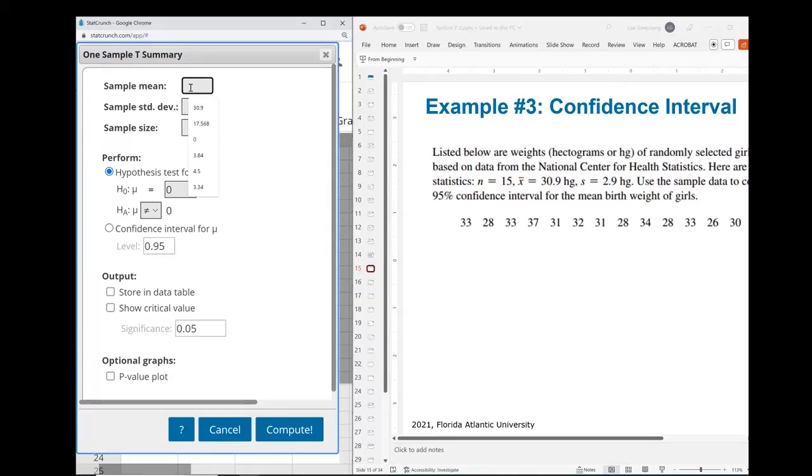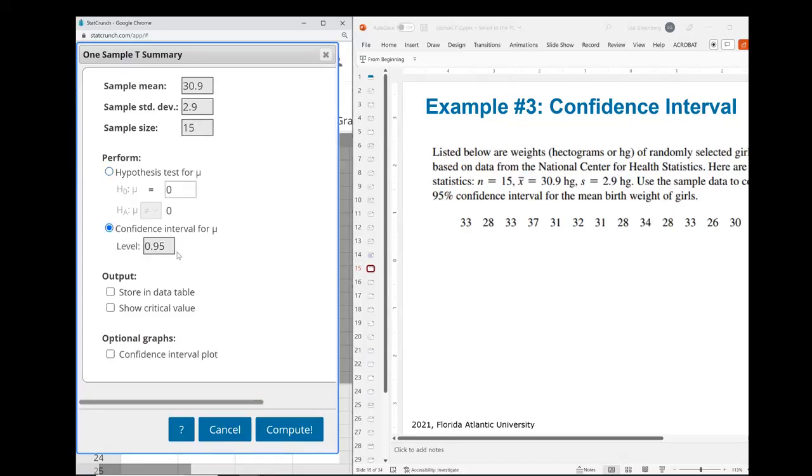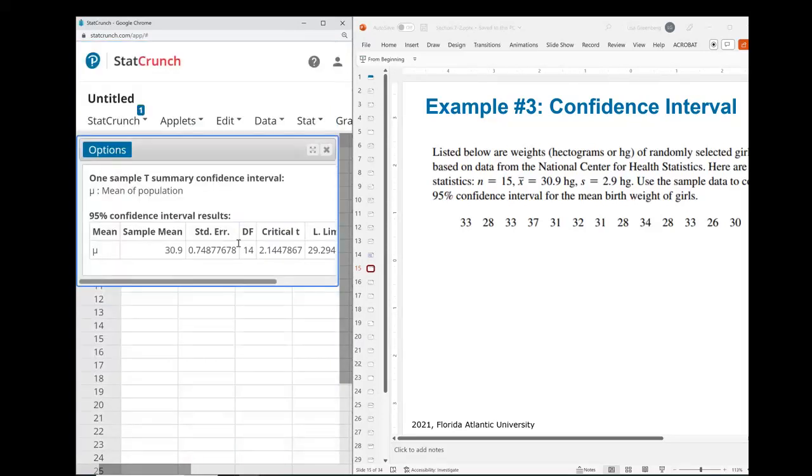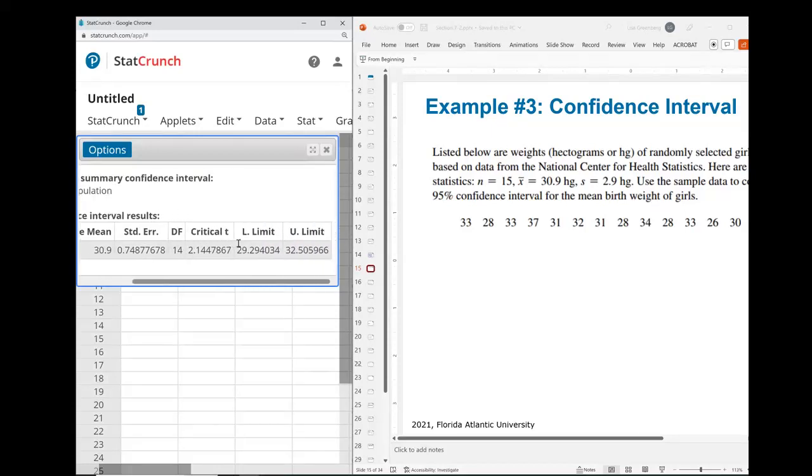So x bar is 30.9, standard deviation 2.9, sample size 15. I click here, confidence interval, and I get, let's see, 95%, perfect. I can show my critical value if I want, and I hit compute. And this is what I get.